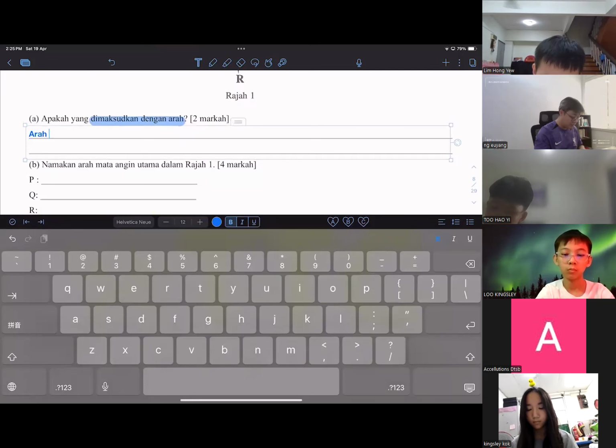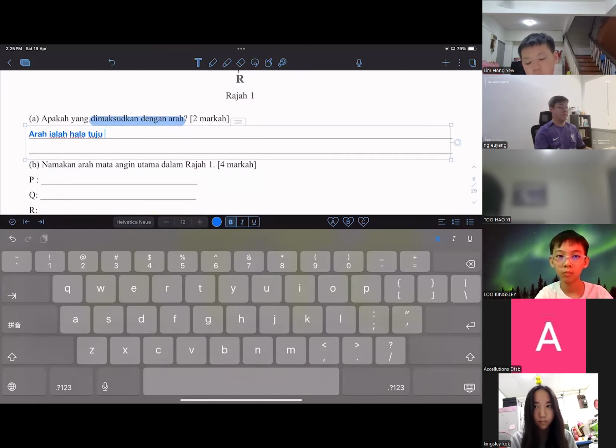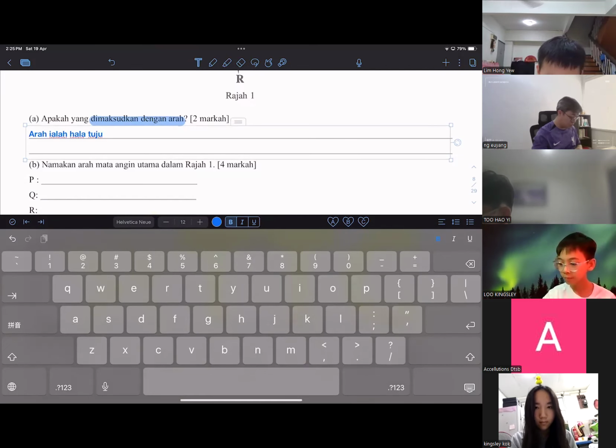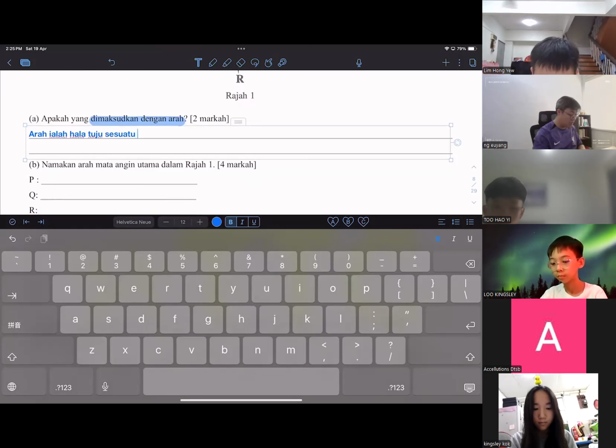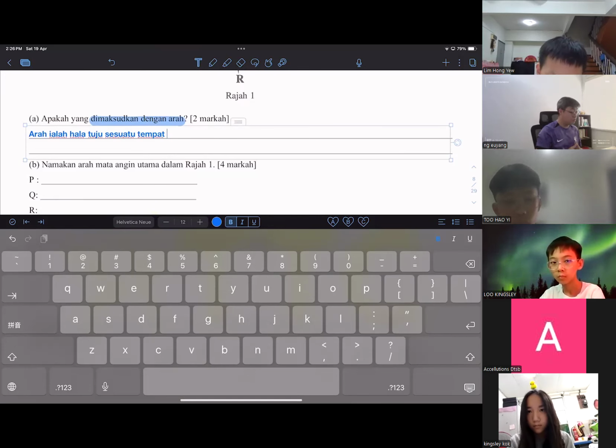So arah ialah hala tuju sesuatu tempat dari sesuatu tempat ke tempat yang lain.